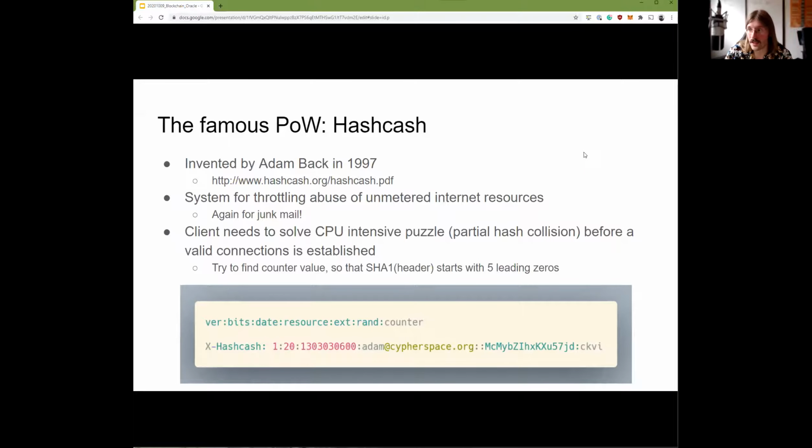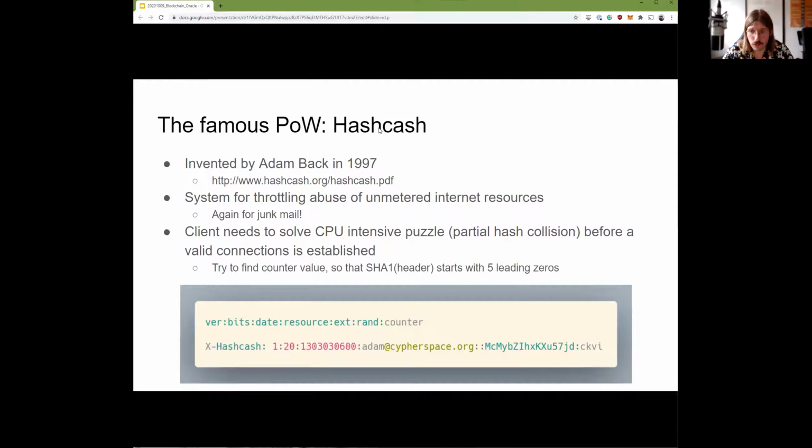And now the cool thing is that's exactly how Bitcoin also works. And Bitcoin takes its proof of work implementation from 97, Adam Back, who says he wasn't aware of the other works at this time, and I'm inclined to believe him, but he invented or reinvented the same concept of solving this spam mail problem with Hashcash, using the Hashcash algorithm: a system for throttling abuse of unmetered internet resources.